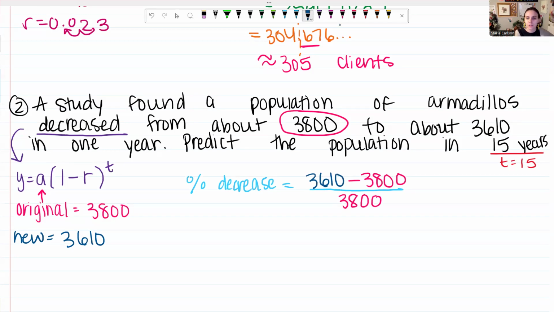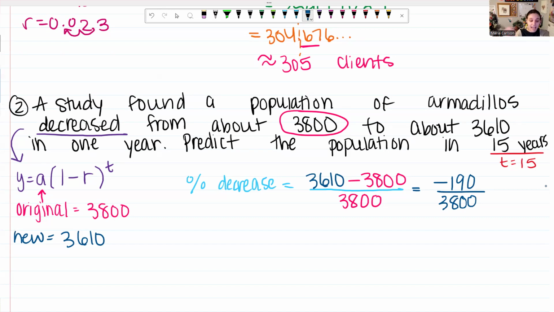Now the difference between 3,610 and 3,800 is negative 190. And you should get a negative number because it's decreased in that 1 year. So we have 190 fewer armadillos in comparison to the 3,800 we had to begin with.